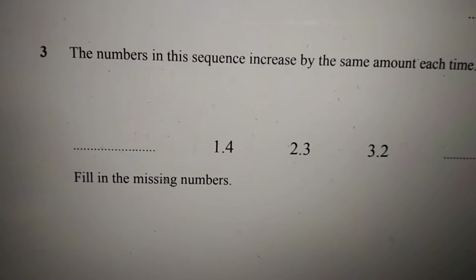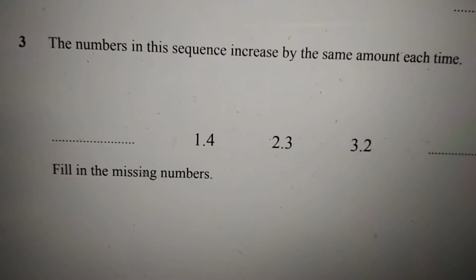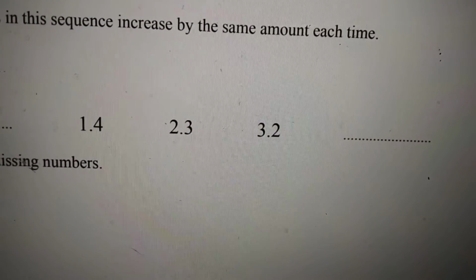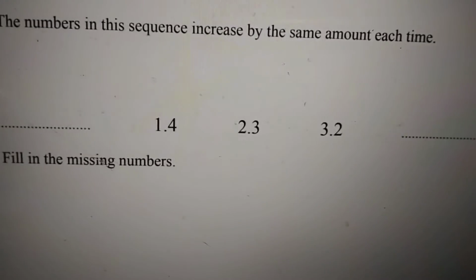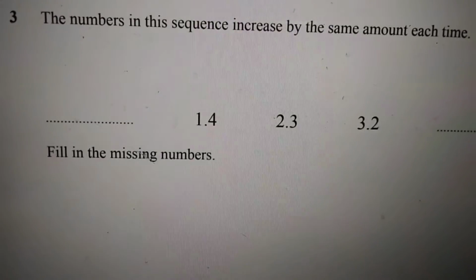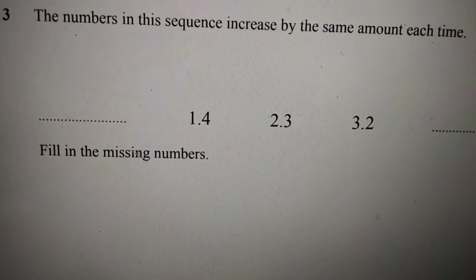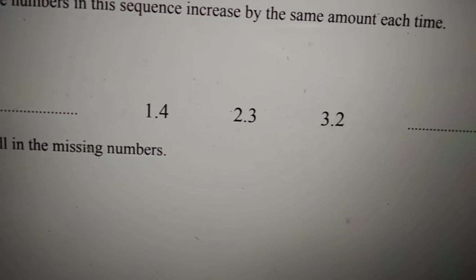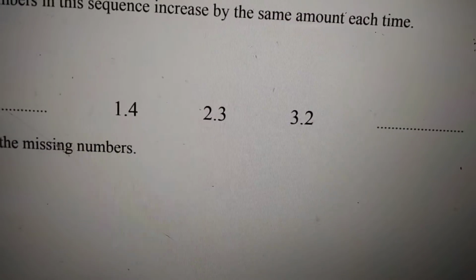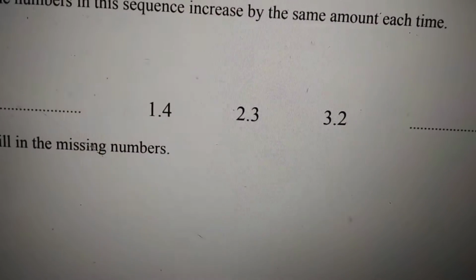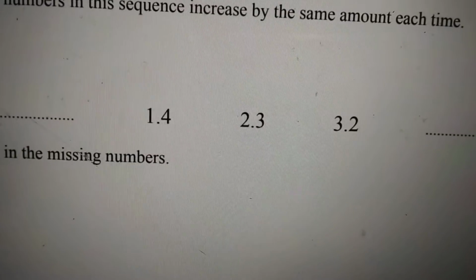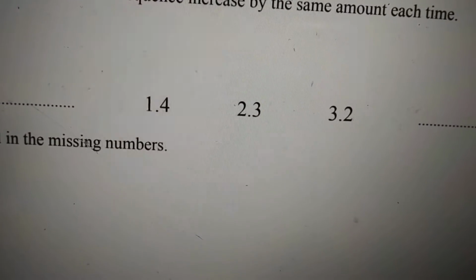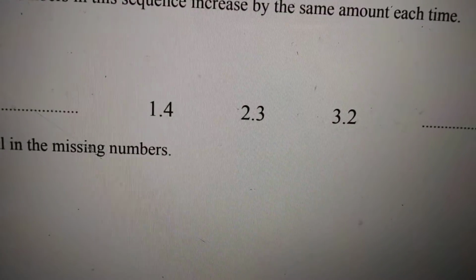Looking at question number 3 of this paper, June 2020, paper 11, the numbers in this sequence increase by the same amount each time. Each term in a sequence follows some particular rule to get the next number. It is 1.4, 2.3, and then the next number is 3.2. You can observe that there is a difference of 0.9 between 1.4 and 2.3.